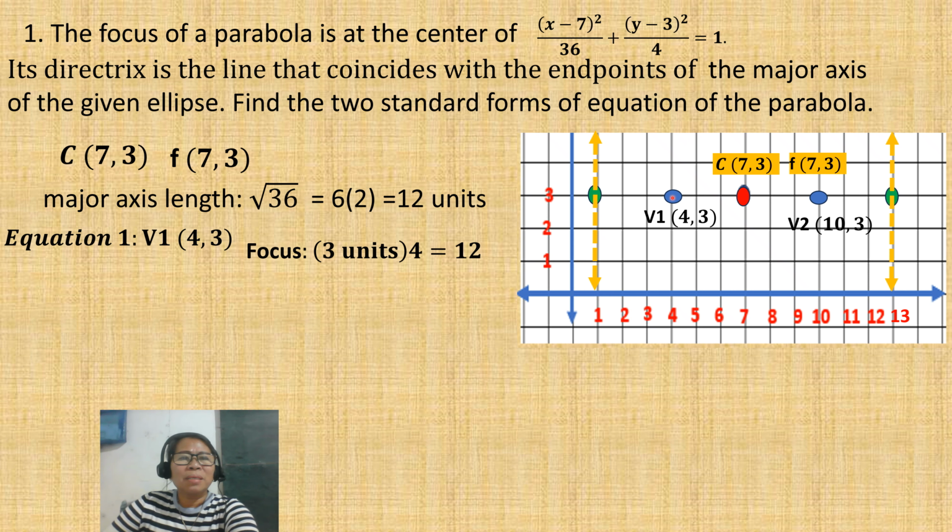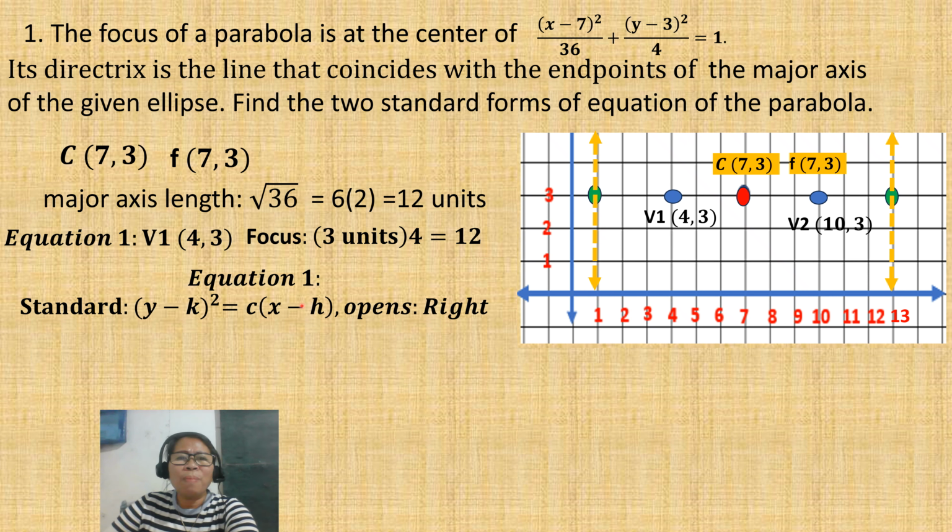In other words, if our focus is 1, 2, 3 units away, remember that we need to multiply it always by 4 in determining the constant of our equation. So therefore, 3 units, and therefore, what is that? 12. So the 12 will be the constant of our equation.